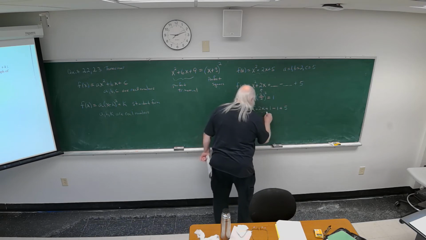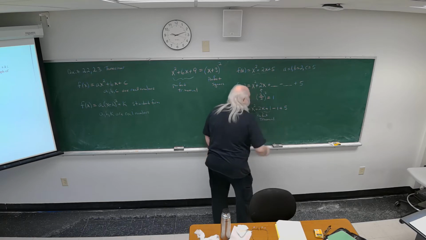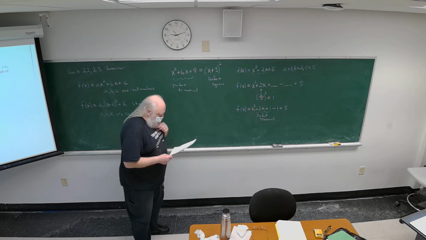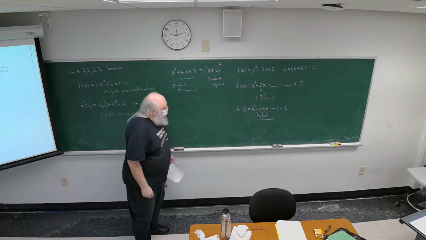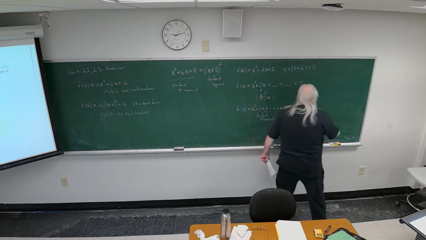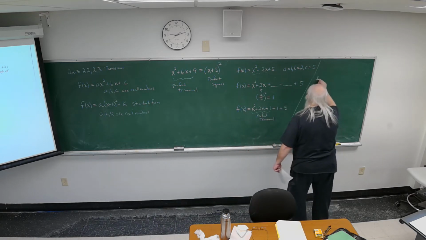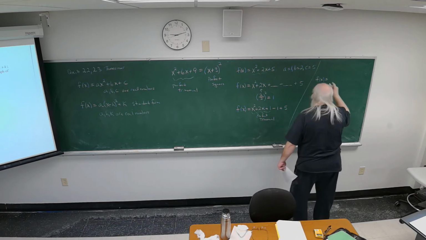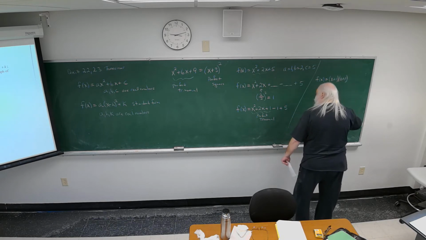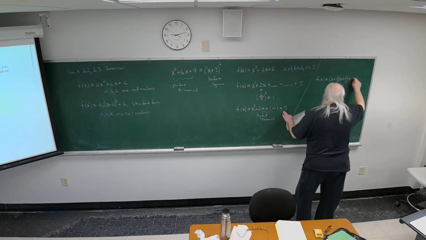So this guy here now is a perfect trinomial, and it factors into x plus 1 times x plus 1. We have f of x is equal to x plus 1 times x plus 1, and then minus 1 plus 5 is plus 4.